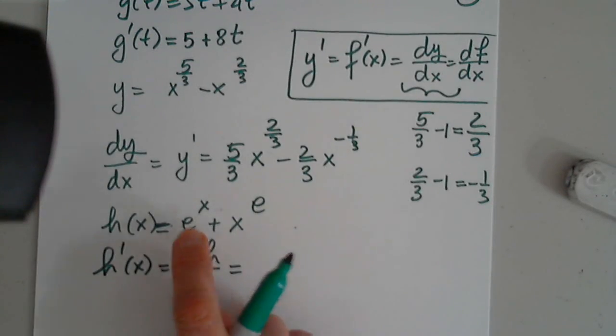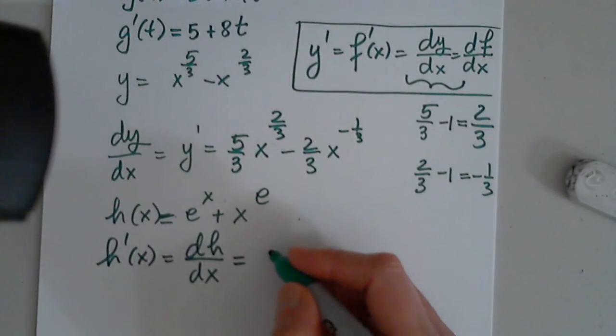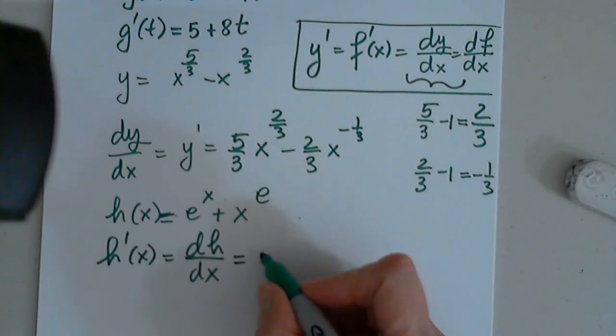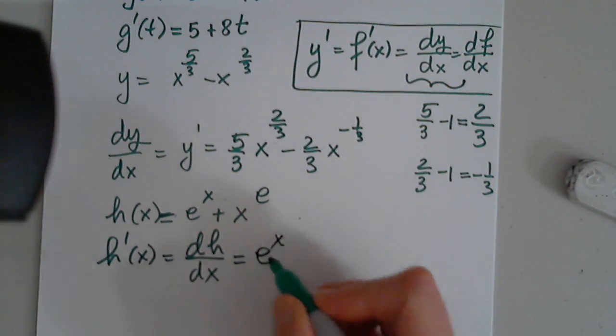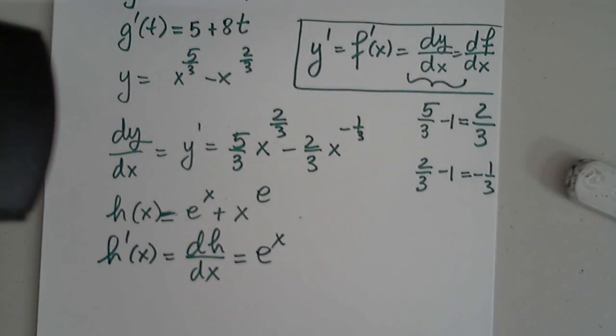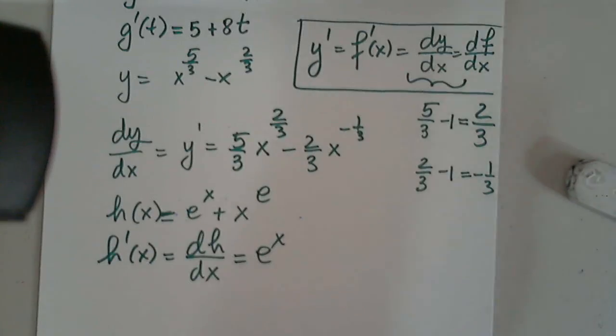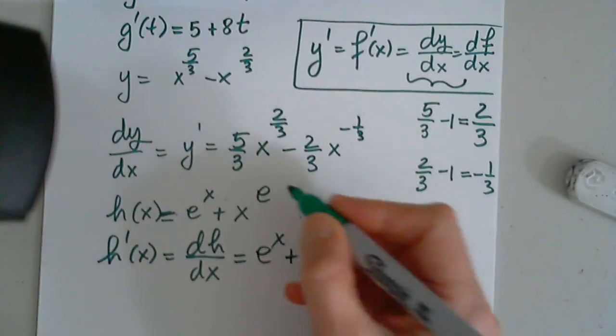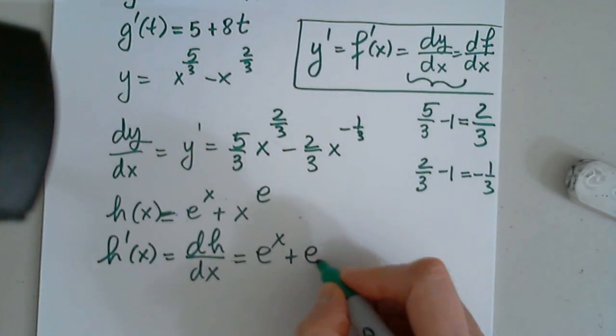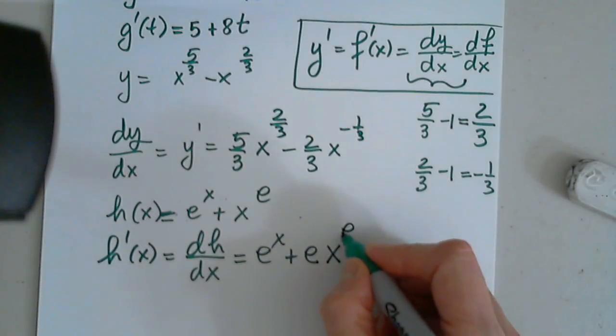When I differentiate e to the x, what do we get? The friendliest function of all? E to the x. Okay. And then plus, I bring down the power and I subtract 1 from the power.